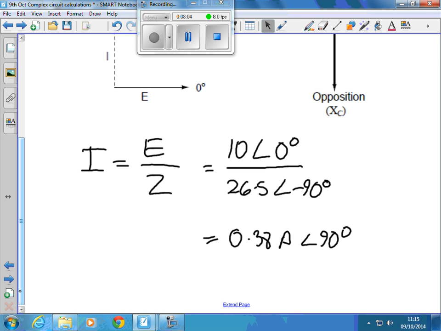So we've got a current that leads the voltage in a capacitive circuit. Is that right? CIVIL: in a capacitive circuit, current is ahead of or leads the voltage. Okay? Yeah?